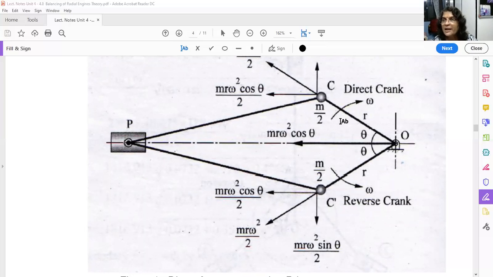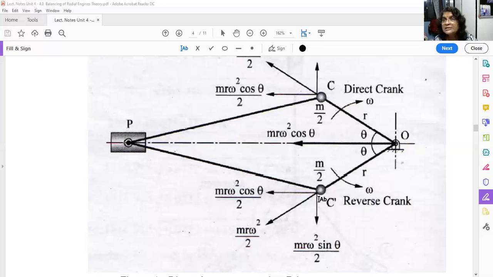So if the direct crank is assumed to be rotating in the clockwise direction, the reverse crank will rotate in the anti-clockwise direction. If this angle is theta in the clockwise direction, the reverse crank will make the same angle theta in the anti-clockwise direction. Now m by 2 is assumed to be placed here, so the remaining m by 2 will be at the imaginary crank, that is the reverse crank.